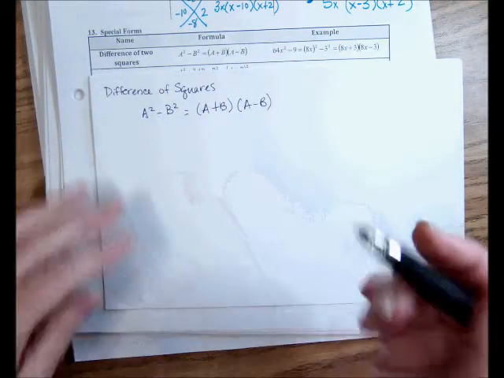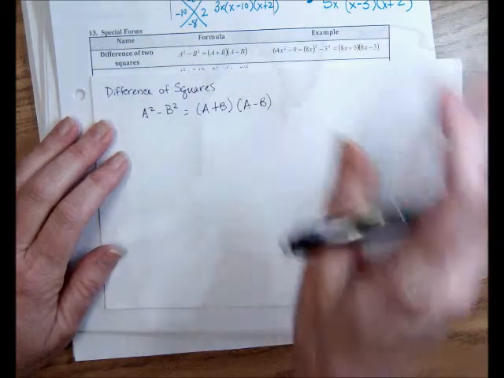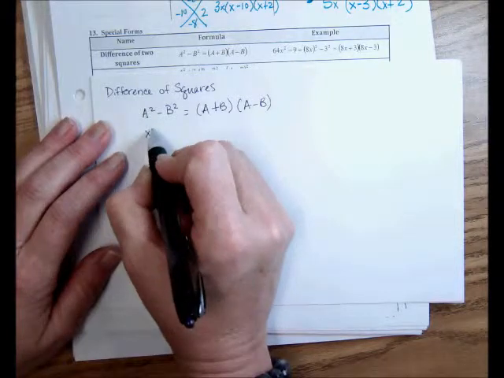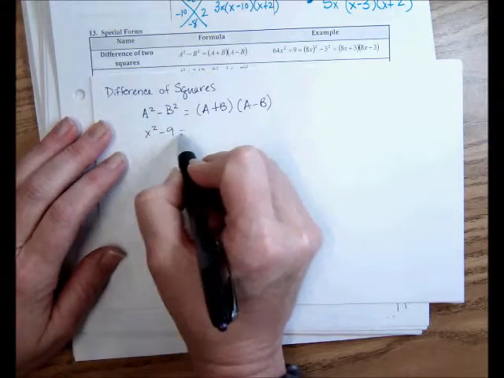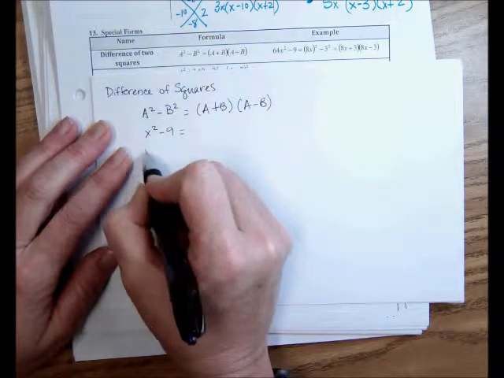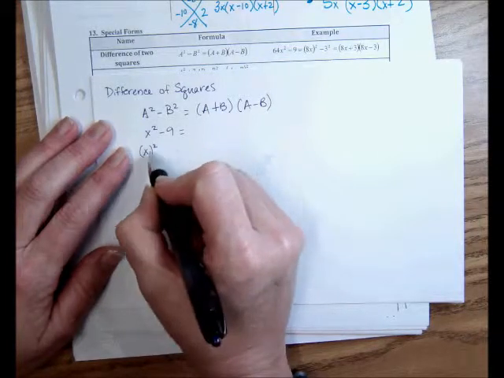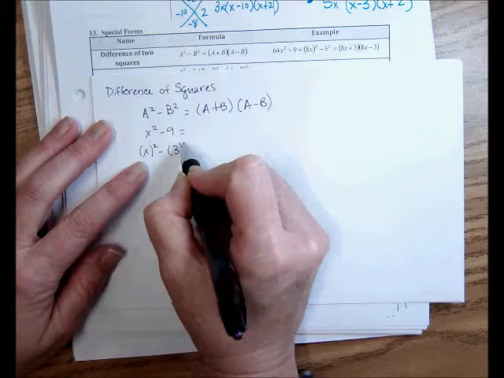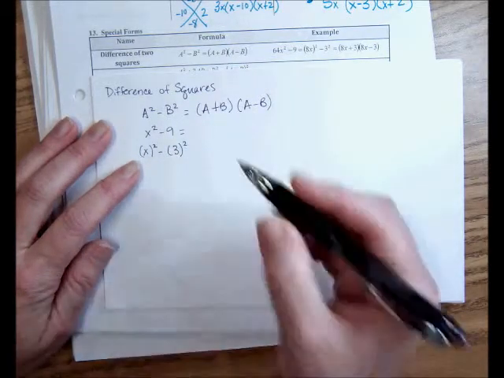An example that's given here, and I'm going to start with an easier example, like we did in class today: if I have x squared minus 9, x squared is a perfect square, and 9 is a perfect square, which is 3 squared.